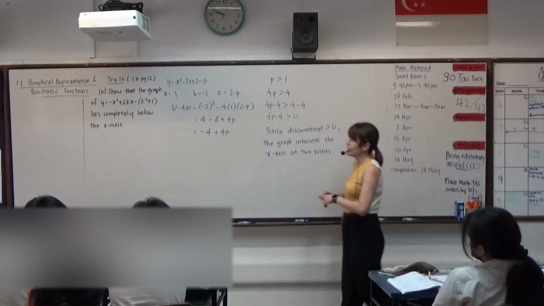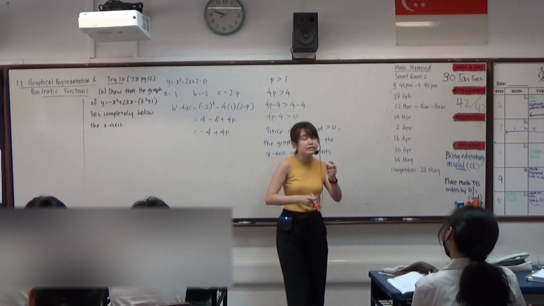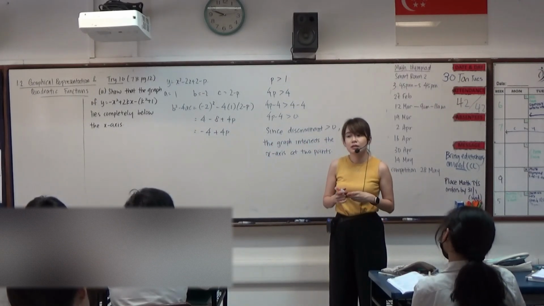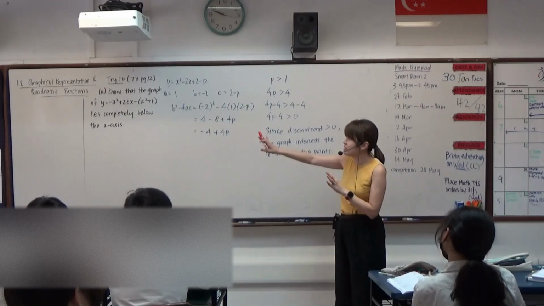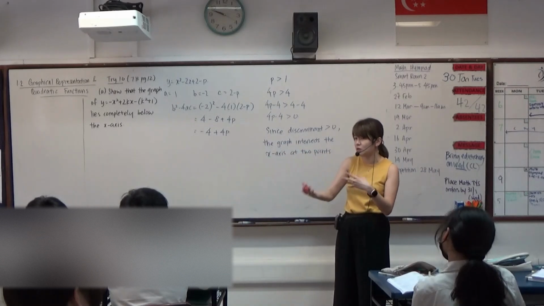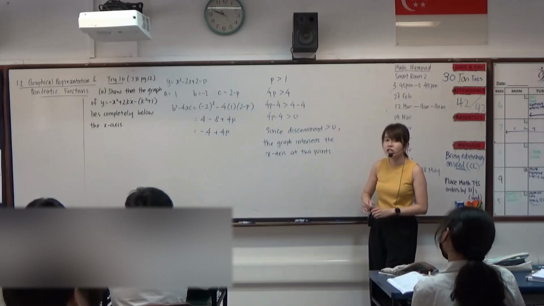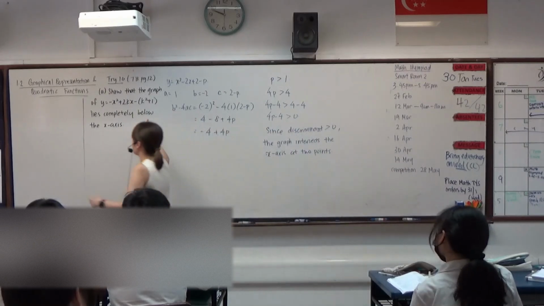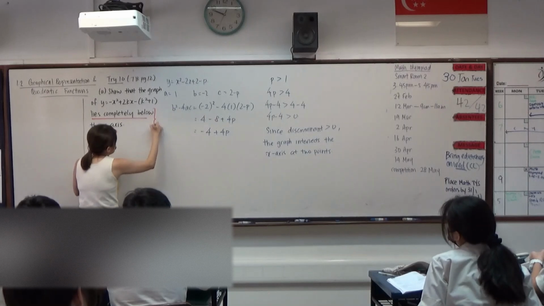We want to show that the graph lies completely below the x-axis. So what is the objective of the question? To show what? Maybe you give me the worded first rather than telling me what happens to the description. Based on the words of the question, what is it that you want to show at the end? That it lies completely below the x-axis, right? So this is our objective.